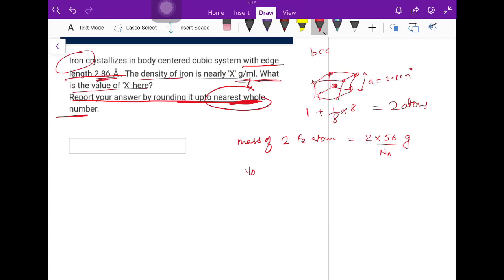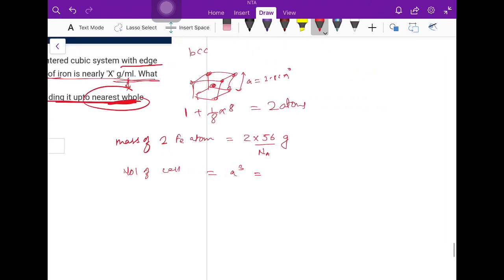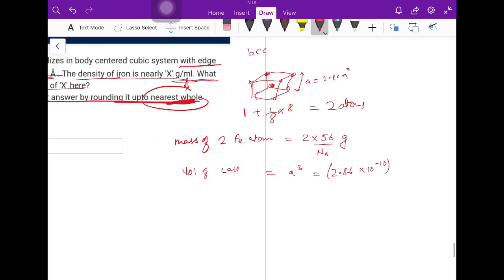So volume of cell is equal to a cube, which is equal to 2.86 into 10 to the power minus 10 cube, this is meter cube.